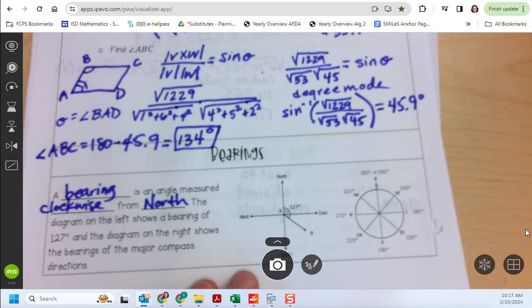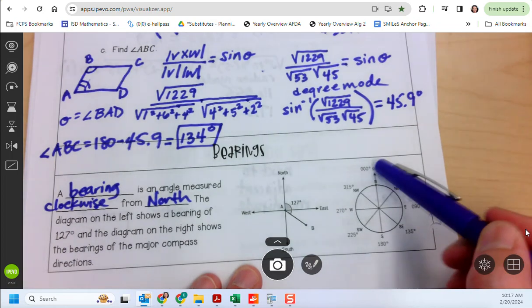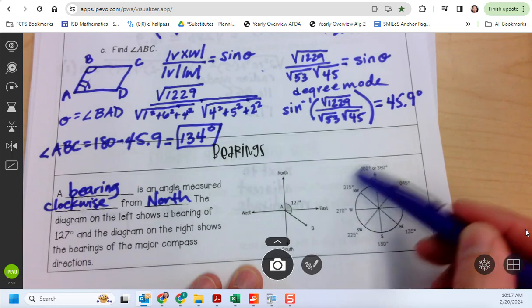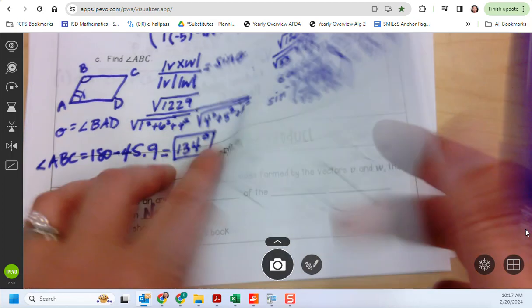And the diagram on the right shows the bearings of the major compass directions. So starting here at 0, and then you can see going around 45, 90. Those numbers you've seen on the unit circle, but in different places, because you're going a different direction and have a different starting place too. All right, any questions about where you start your bearings from?